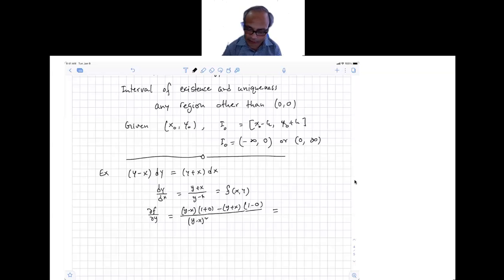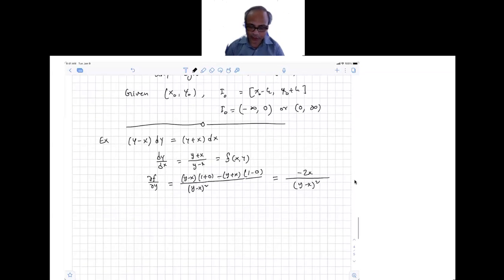The y terms cancel, so you get minus 2x divided by (y minus x) square.